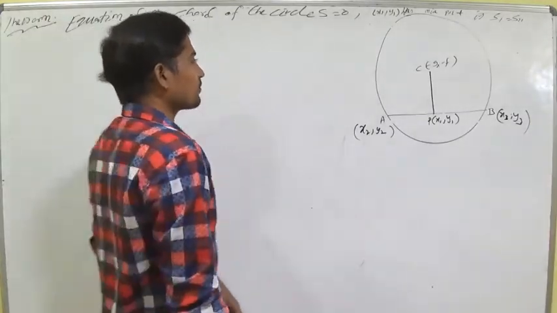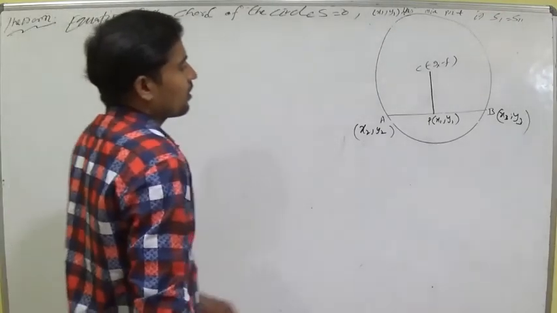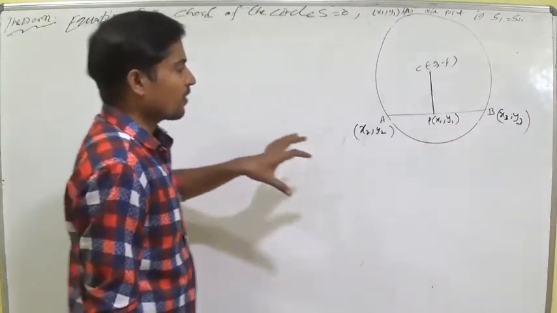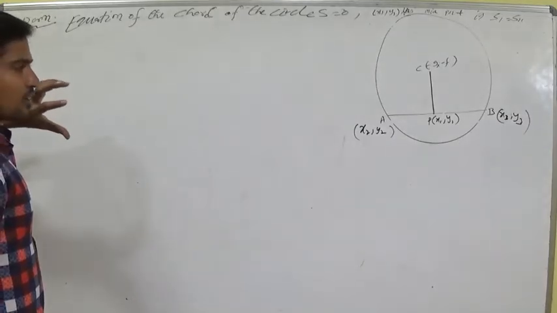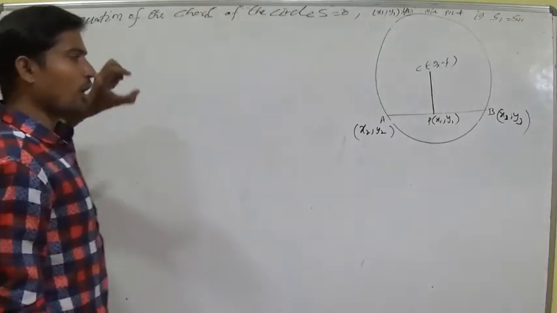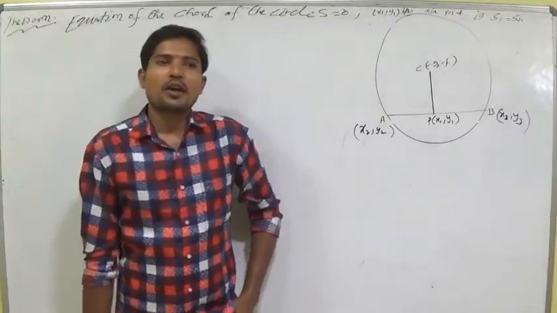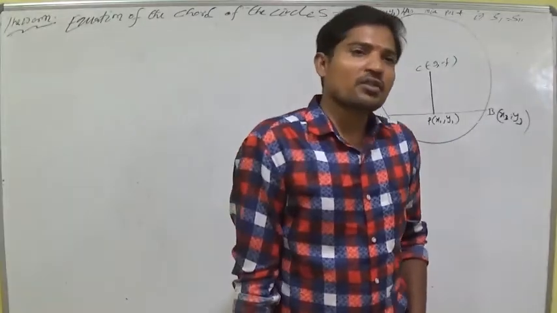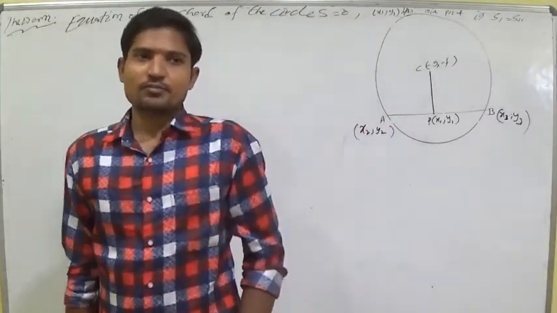Let us see. Here x1 and y1 is the midpoint of AB. I want to find the equation. The point is given, so we have to remember the point and slope form: y minus y1 is equal to m into x minus x1.